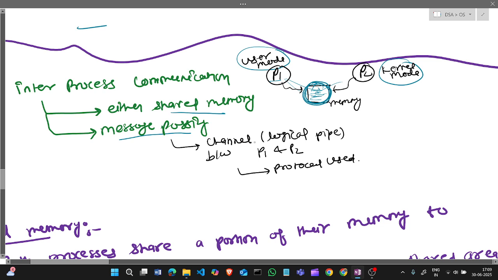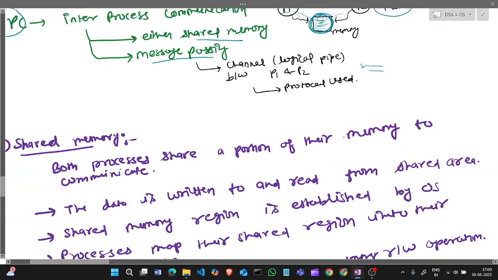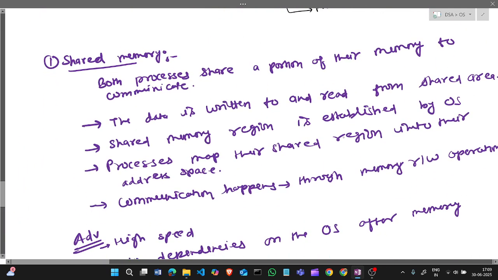In this, a channel, a logical pipeline, is there between process 1 and 2. Both processes are connected by logic, like system calls, etc. So let's understand both types. First is shared memory.